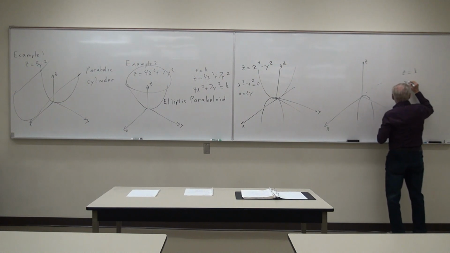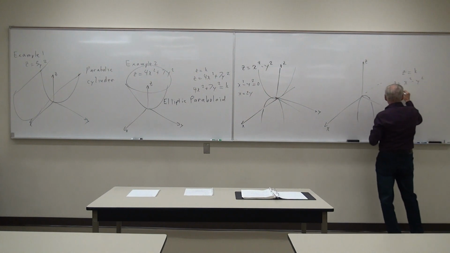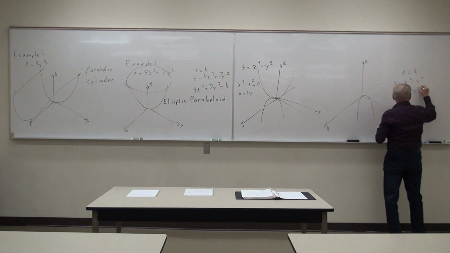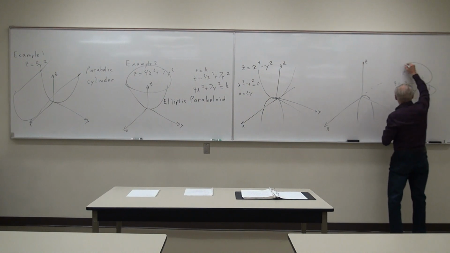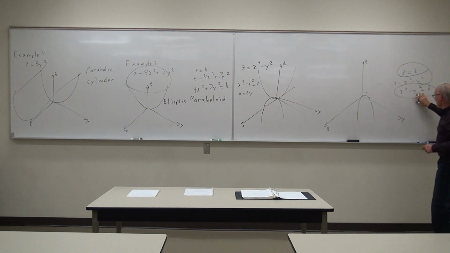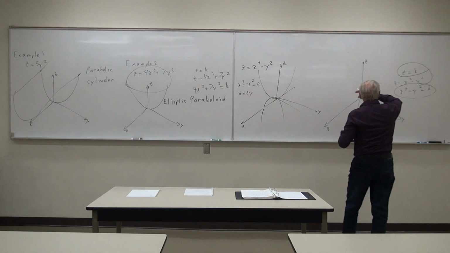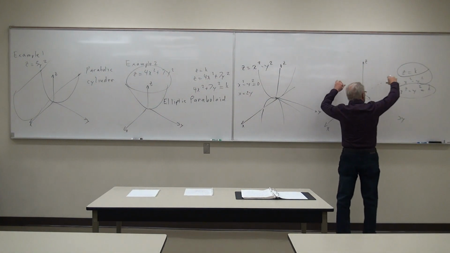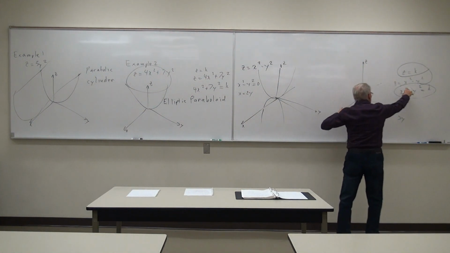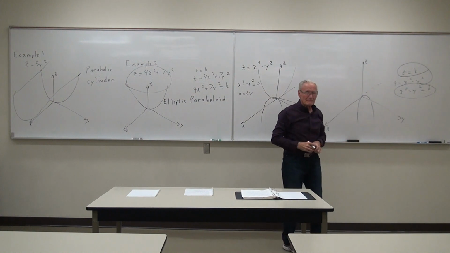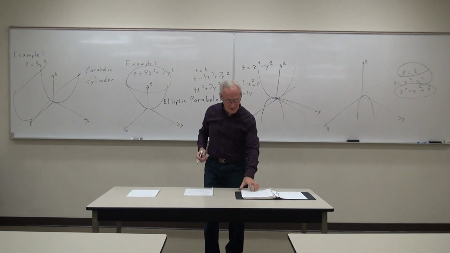Getting therefore, along with z is equal to x squared minus y squared, x squared minus y squared is equal to k. This curve in that plane. What's that the equation of? That's the equation of a hyperbola. All right? So you go up here to the plane z equal to k, and then you draw this hyperbola, right? Then you draw that hyperbola.